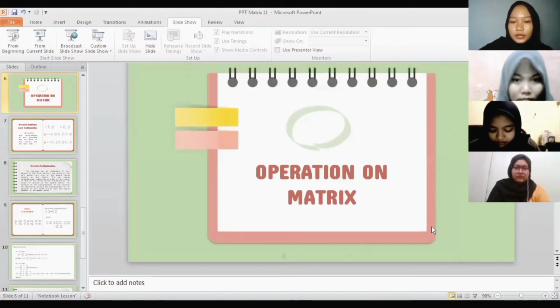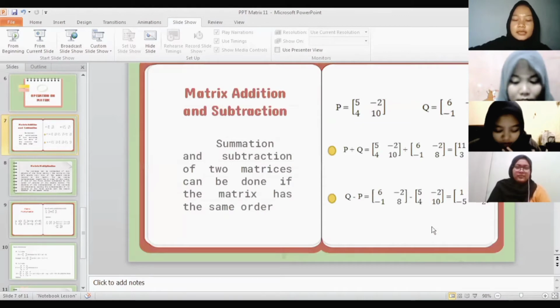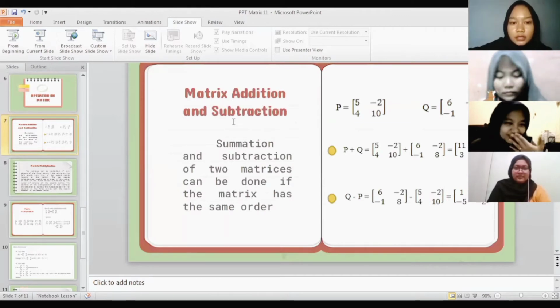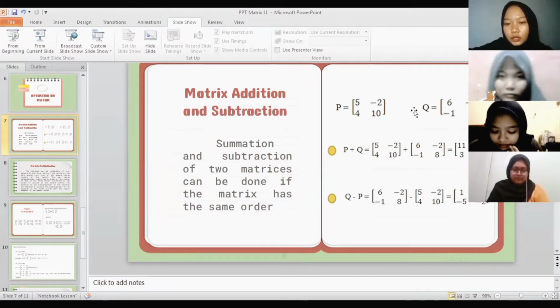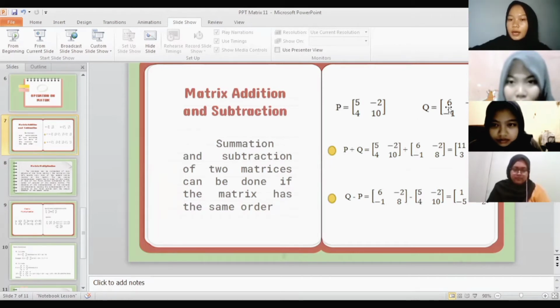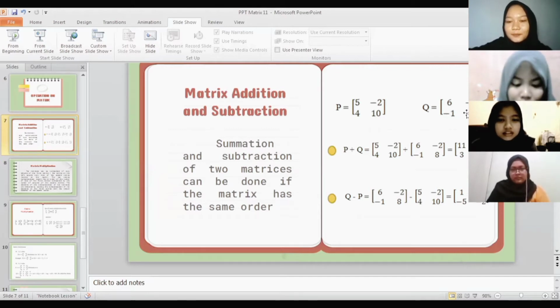Operations on matrices. The first is matrix addition and subtraction. Summation and subtraction of two matrices can be done if the matrices have the same order. For example, matrices P and Q have the same order, 2 times 2, with P equals 5, minus 2, 4, 10, and Q equals 6, minus 2, minus 1, and 8.